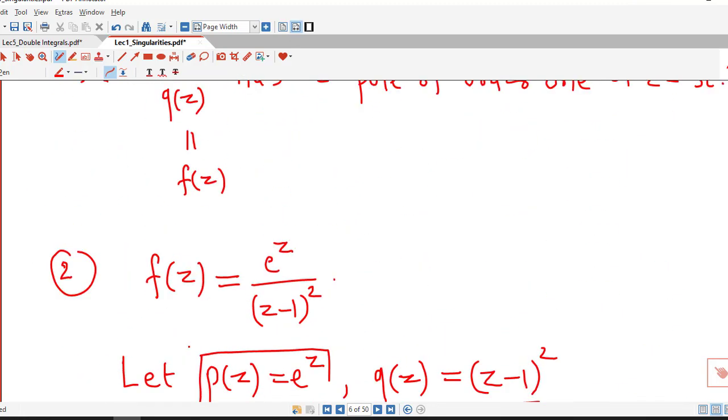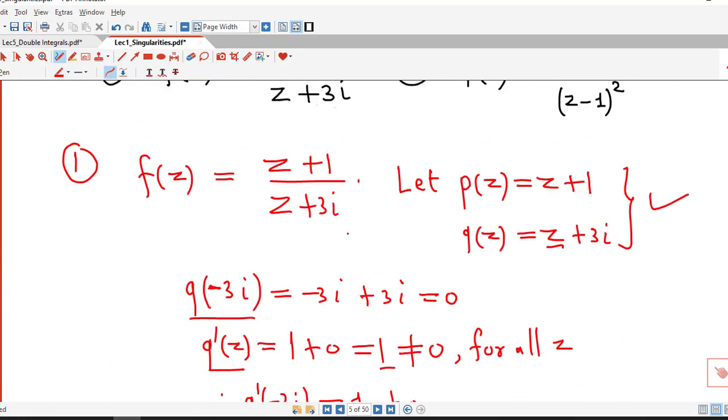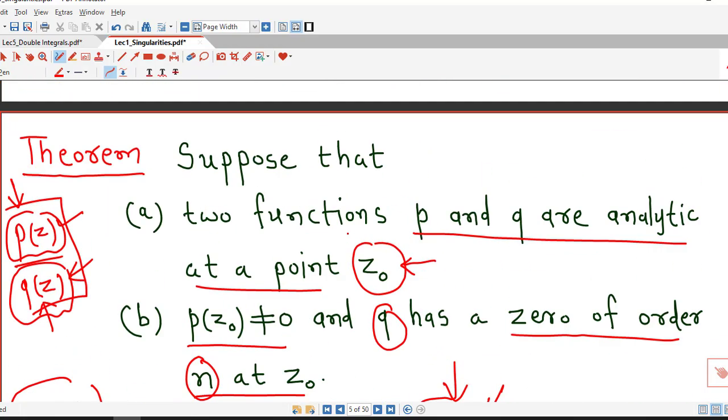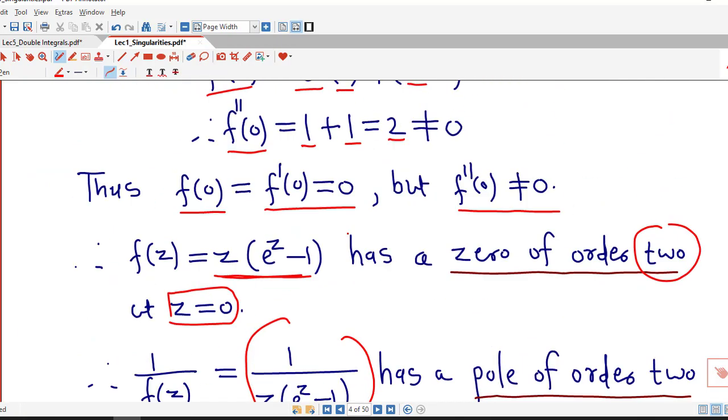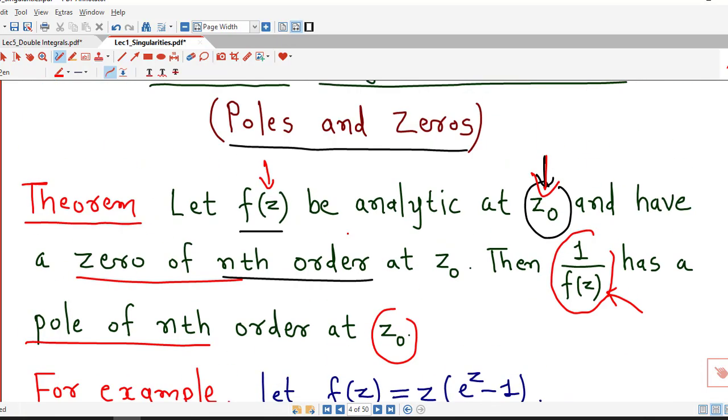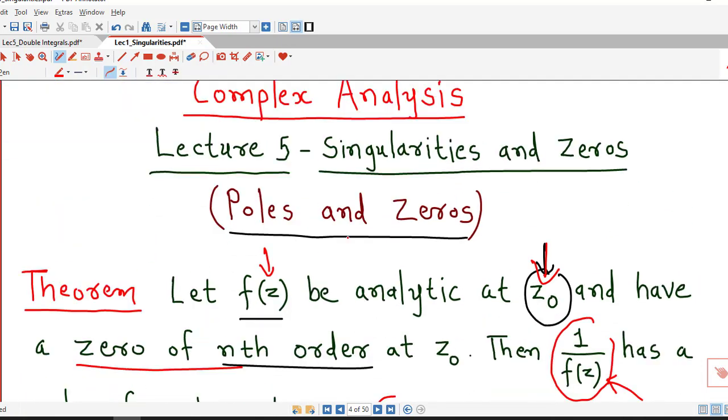So f of z equal to e raised to z over z minus 1 square has a second order pole at z equal to 1. So this is another way of deciding the poles of particular order of a given complex function.